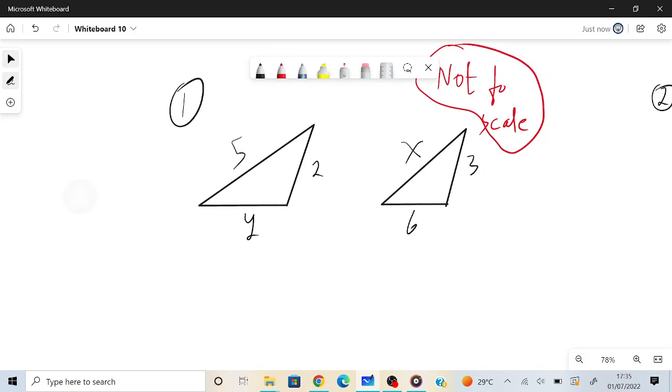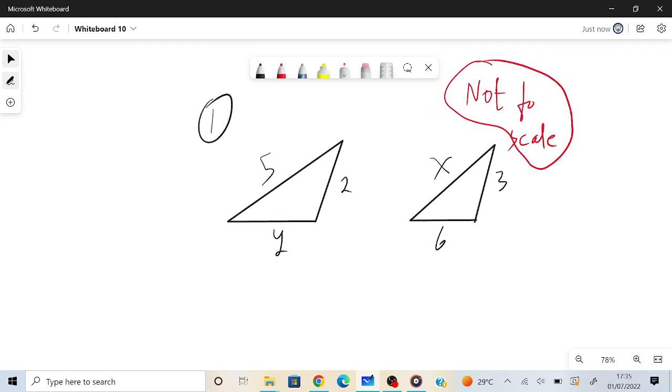Now I have 5 here and x here. We can say that this length on this side is the same as this length, of course not in terms of value, but in terms of corresponding. We have y here and 6 here, we have 2 here and 3 here. Now the trick in solving similar triangles is you want to set up two fractions equated to each other.